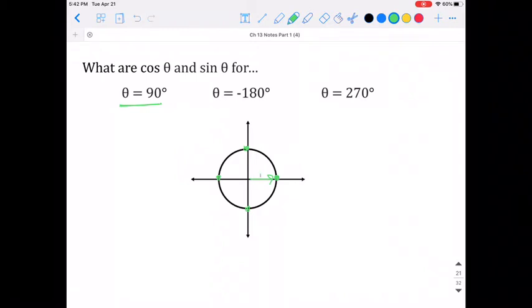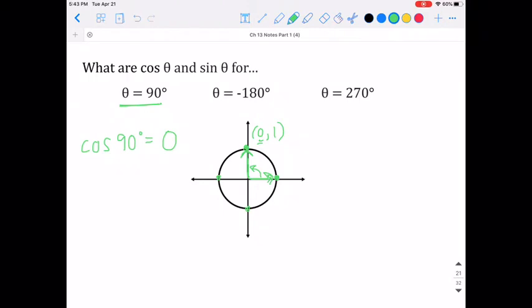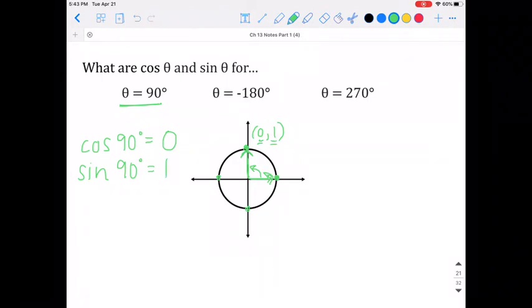For 90 degrees, we rotate counterclockwise, and the terminal side of our angle is going to be on the y-axis. We know that this point on our terminal side is going to be at (0, 1). So cosine of 90 degrees is represented by the x value, so cosine of 90 degrees is going to be 0.